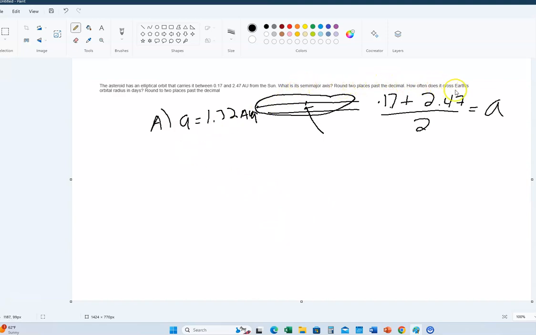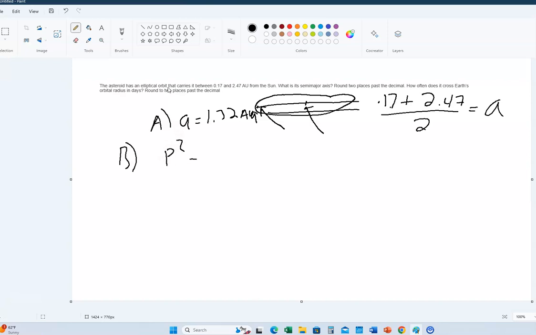How often does it cross the Earth's radius in days? All right, so here's how you do it. We'll call this one part B. Basically, you have to figure out the period, and of course, because it's orbiting the sun, I mean, the sun's right over here, but it's still orbiting the sun, you get Kepler's third law, right?